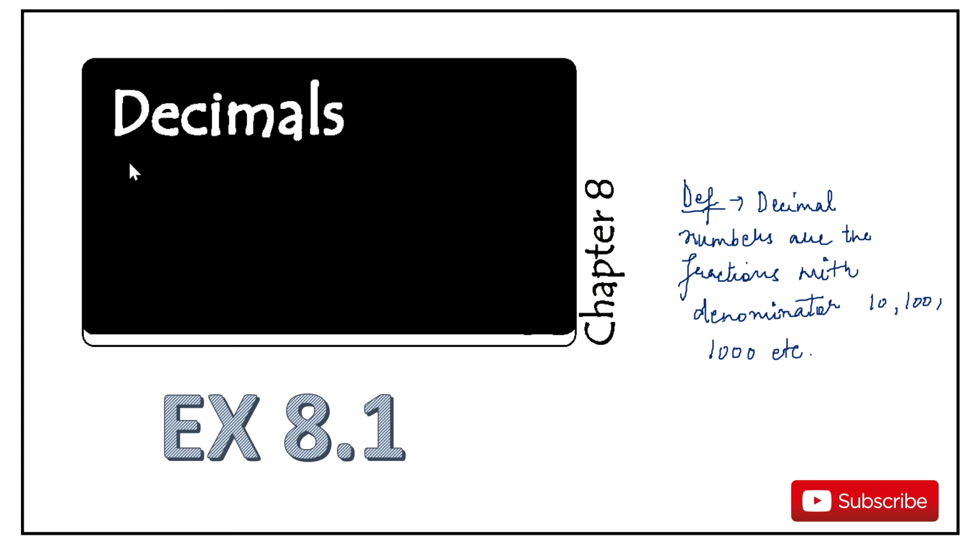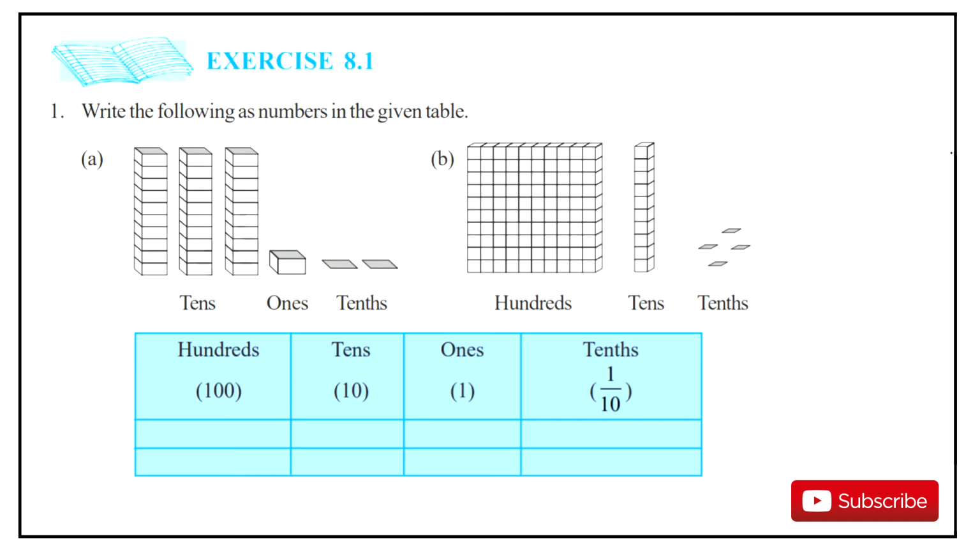So basically, you all need to know the definition of the decimal. The word decimal has been derived from the Latin word decim. Decim means 10.